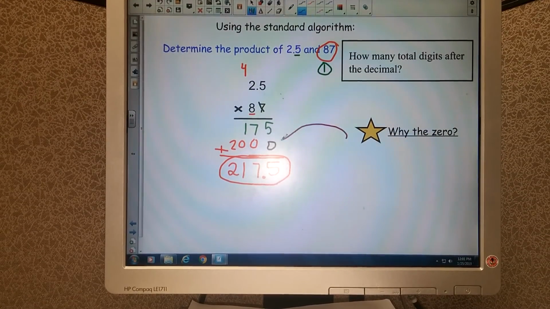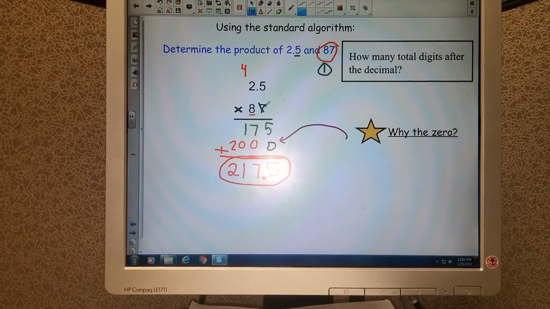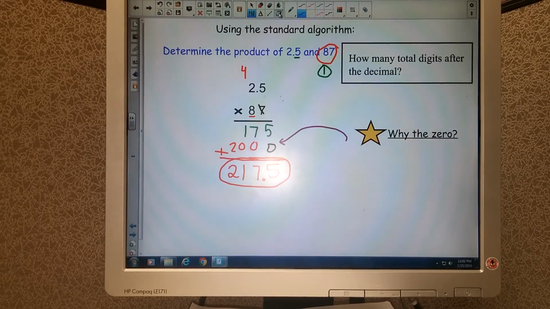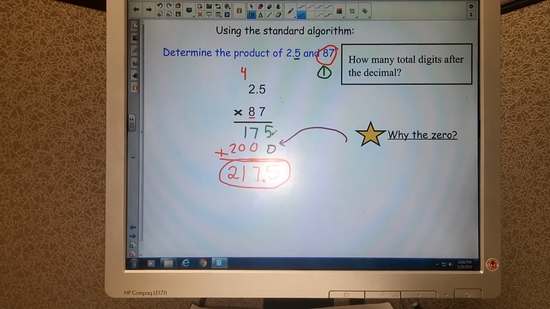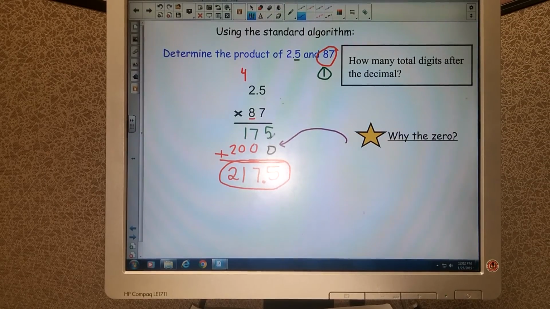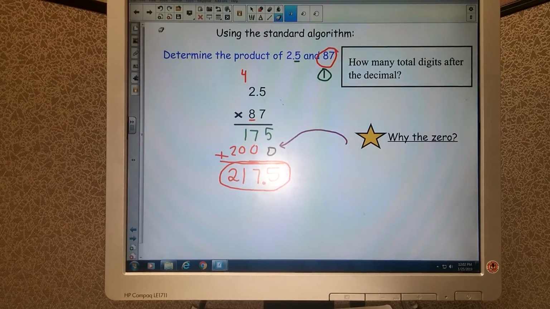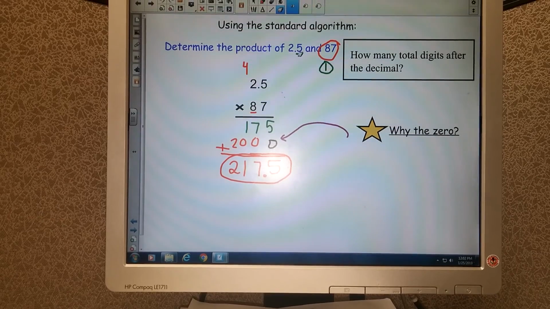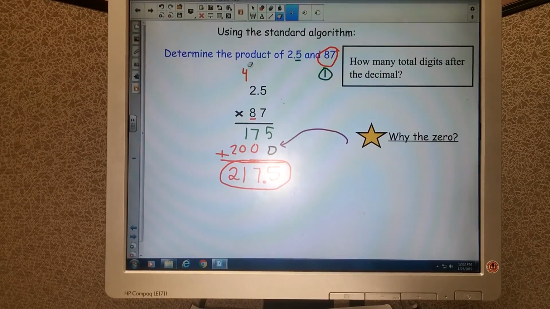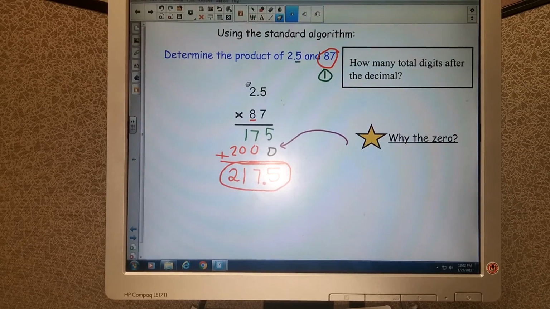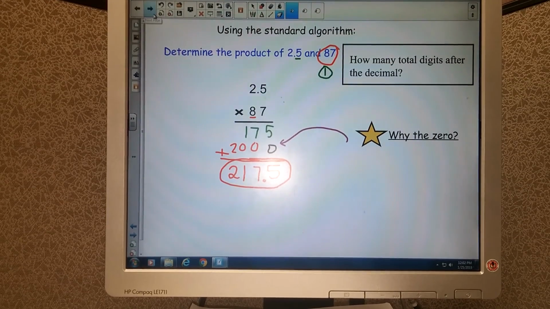This 0 right here, when I'm done with this place value, when I finish multiplying this 7 ones, I put the 0 here to hold that place. Because now I've moved over a place value. I'm not messing with this anymore. The other thing that was important here, if you rewind the video, is once I got done multiplying the 7 by the 5 and the 7 by the 2, I erased what's up here just to keep everything a little bit easier for myself.